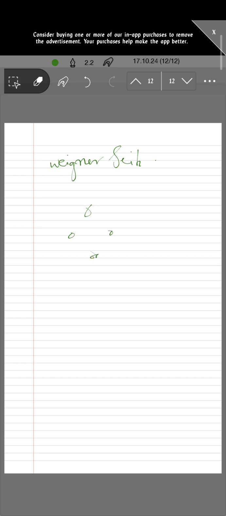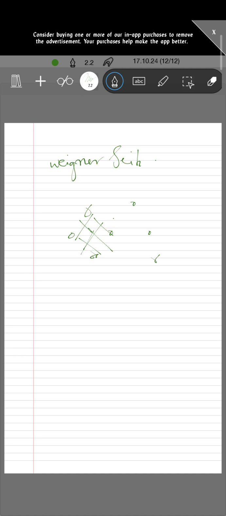Suppose you have a crystallographic pattern like this, and you take the crystal planes. They are divided in such a way that in the E versus K diagram, you obtain plots in this fashion.